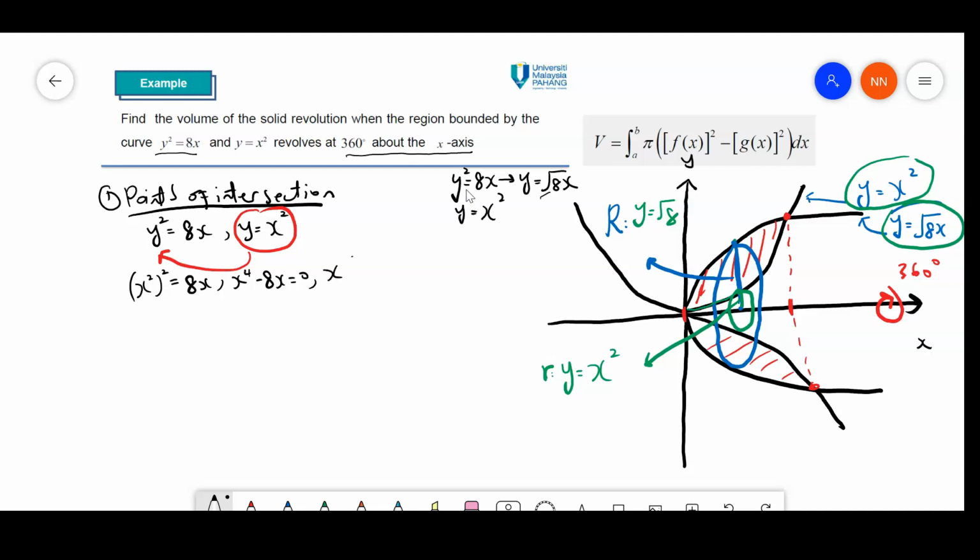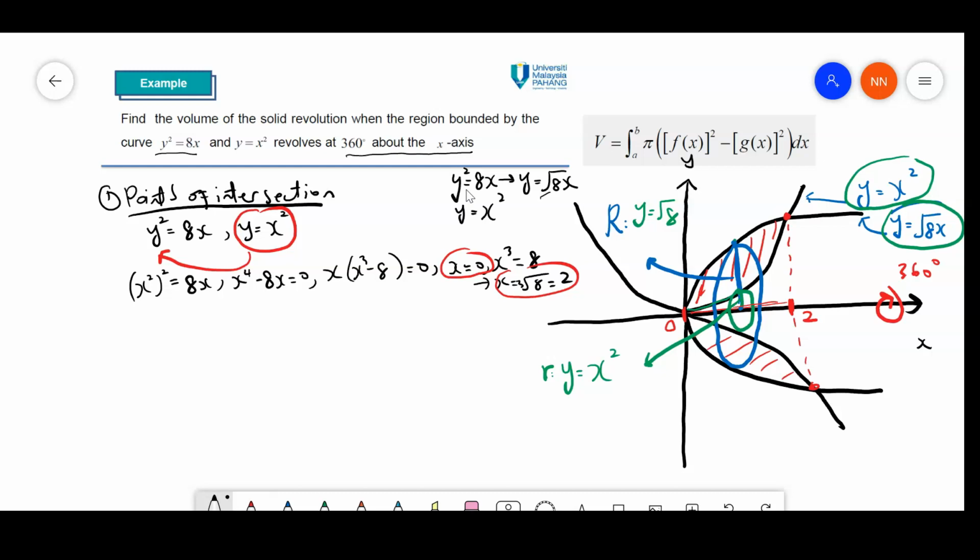So if I factorize, x times (x cubed minus 8) equal to 0, so I will get x equal to 0, x cubed equal to 8, which I will get x equal to cube root of 8 equal to 2. Then I will have x equal to 0 and x equal to 2. Therefore, here x equal to 0 and then x equal to 2 here. So this is my limit of integration. Okay, lower limit and upper limit.